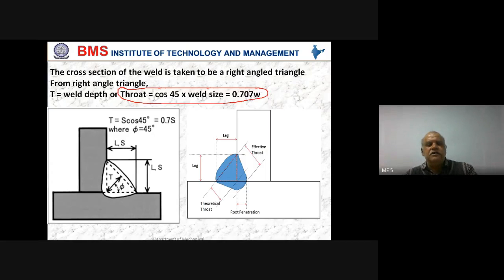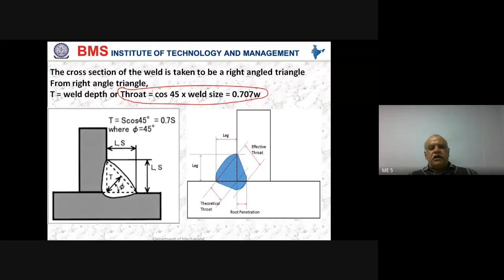Please note down this. T is equal to W into cos 45, that is equal to 0.707 W. The cross section of the weld is to be taken as a right angle triangle.